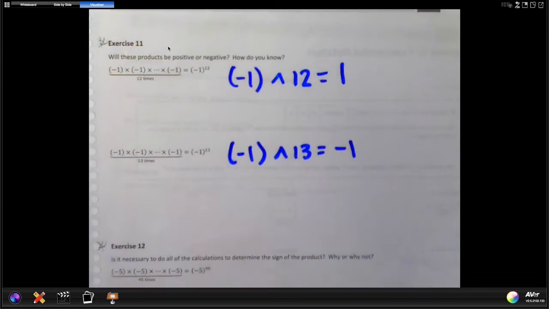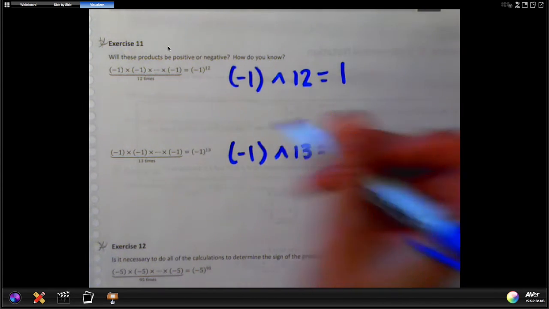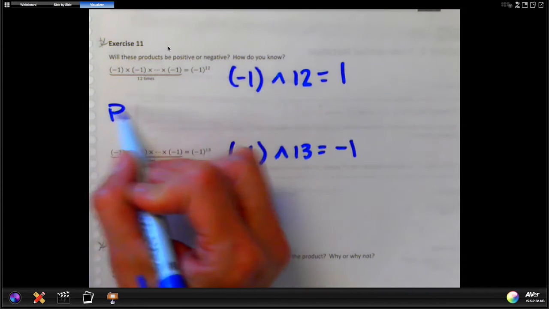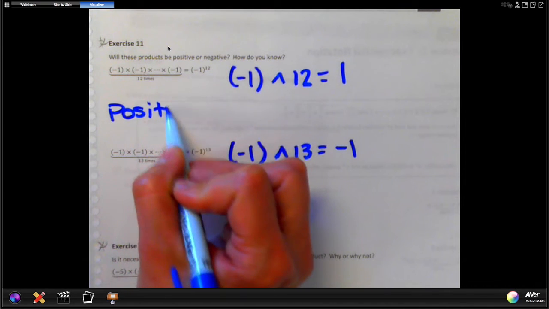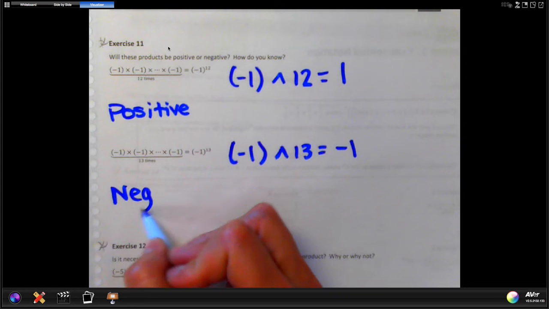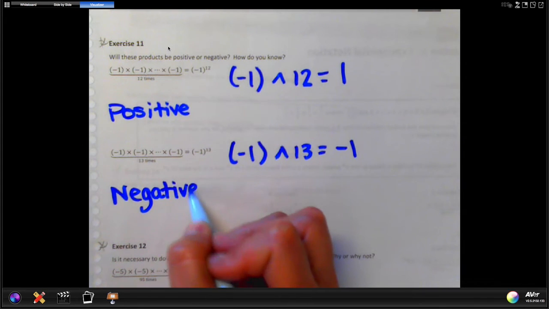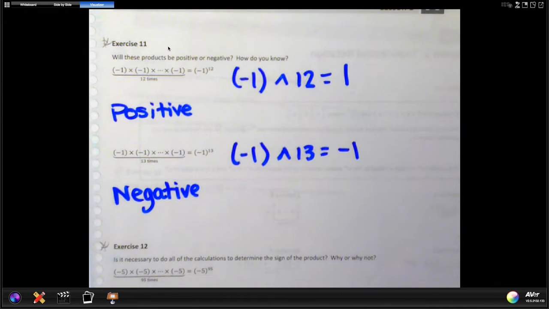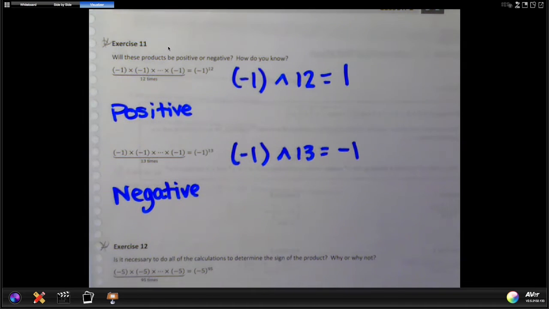So the question is, will these products be positive or negative? And we've already done it. We know that this one is going to be positive. The question is, why? And this one's going to be negative. What's the pattern? Why is this one positive and why is this one negative? I want you to scroll back and think about something.